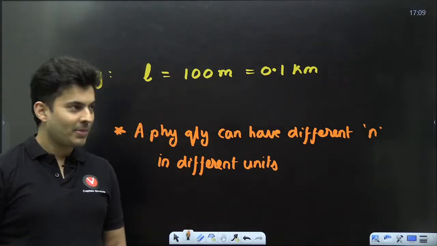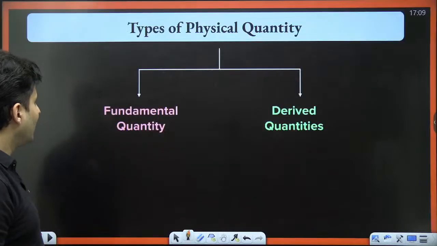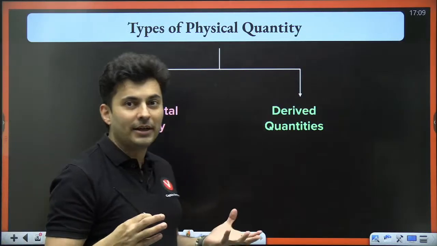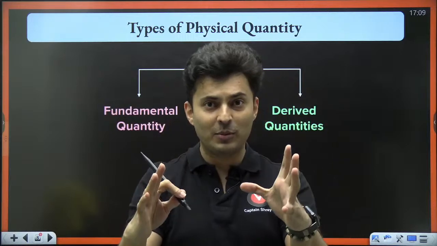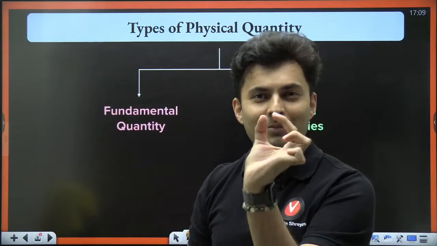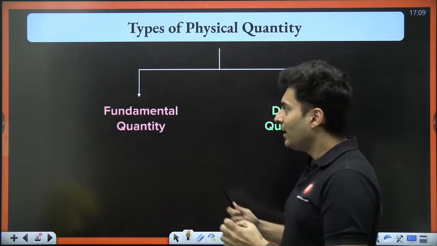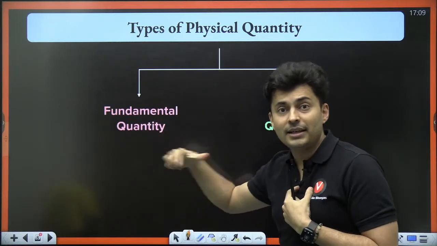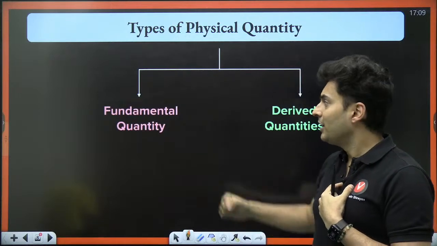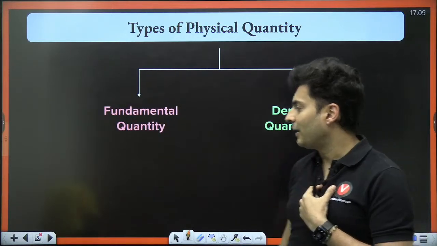Very good. Now these physical quantities, we realize they have to be measured. They have a number, the magnitude, and then they have a unit. Now these physical quantities can be further classified into fundamental and derived.